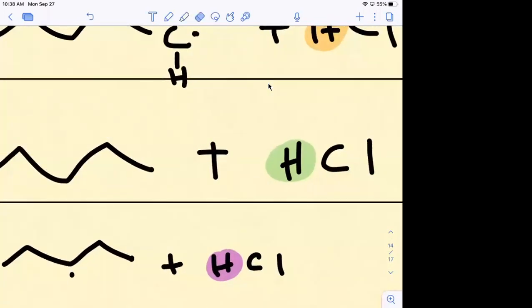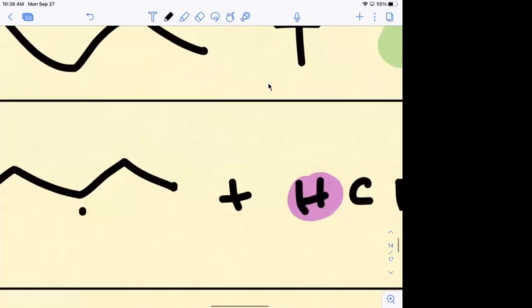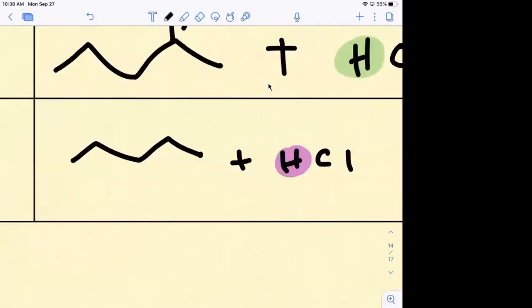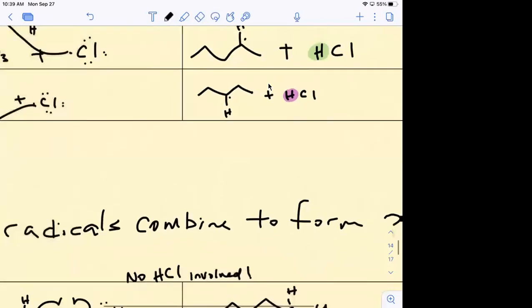Let me write it in. The other H is still there. And that's what keeps that radical from having a charge, right? Because if you do the formal charge on it, it's got 4 valence electrons around it still. So you haven't lost that hydrogen. I just didn't draw it in, but I will.